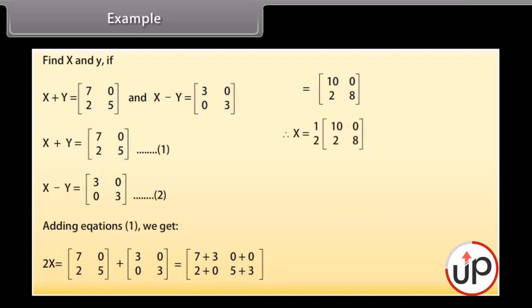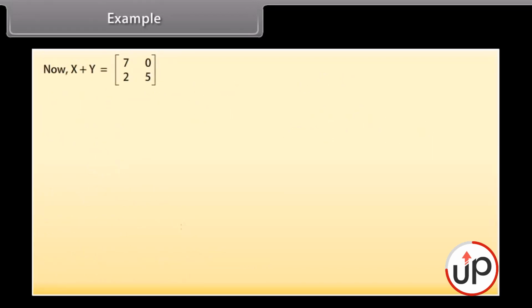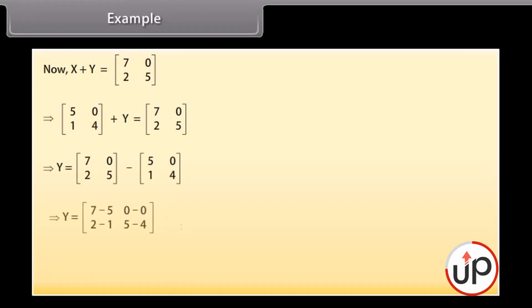Therefore, X is equal to the matrix with first row 5, 0 and second row 1, 4. Now, substituting the value of X in X plus Y and solving it, we get Y is equal to the matrix with first row 2, 0 and second row 1, 1.